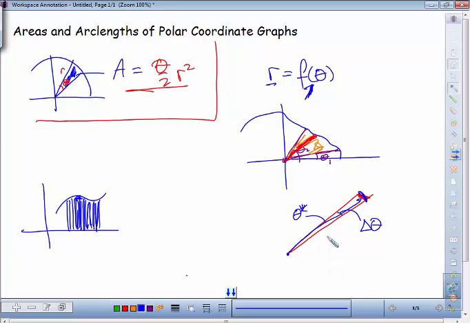So for this one little sector, the area, and I'll put sub i here because this is the ith area, is going to be, according to the formula, 1/2 theta r squared. r is f of theta, and we're putting in one particular value of theta star. The angle that this has is delta theta.